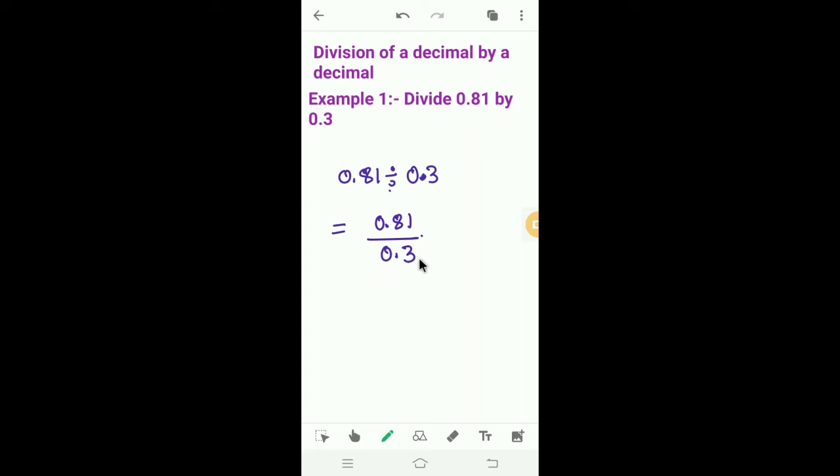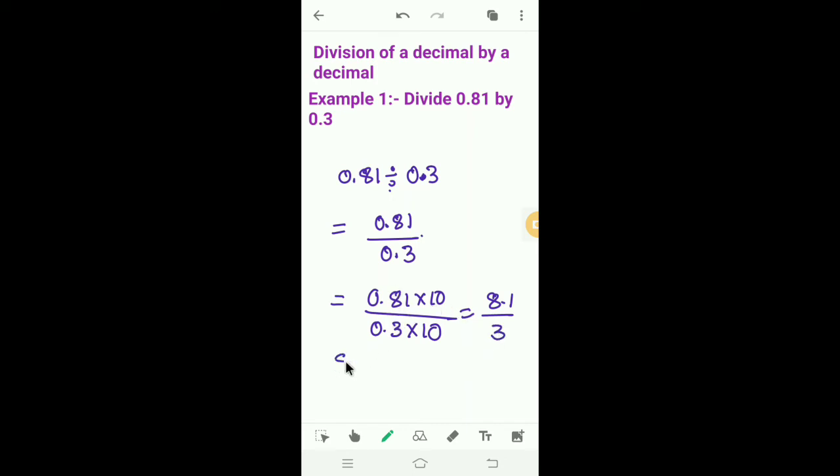So we have to multiply 10 to change it to a whole number. So we have to multiply the numerator also by 10. So 0.81 into 10 by 0.3 into 10. 0.81 into 10 is equal to 8.1 by 0.3 into 10 is equal to 3.